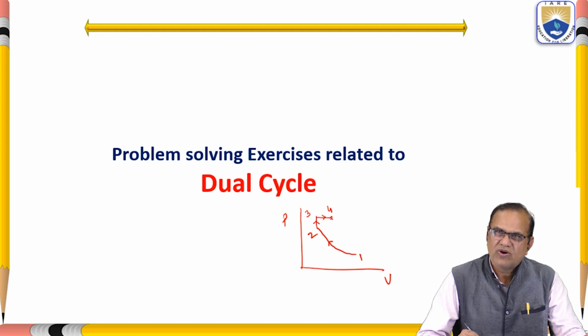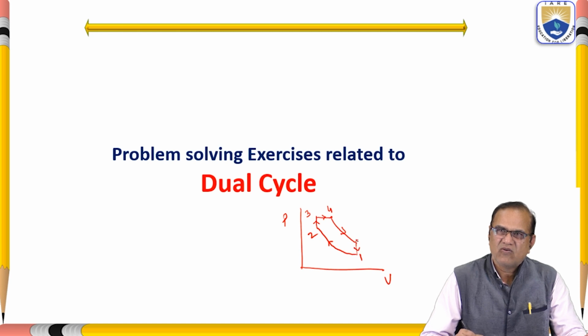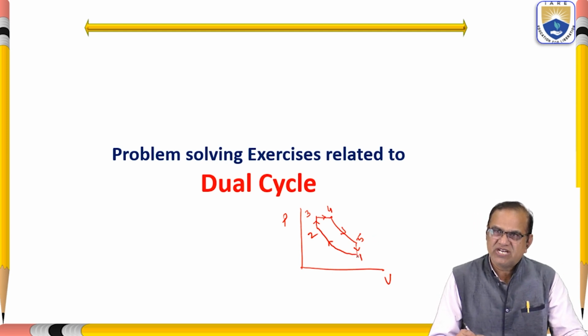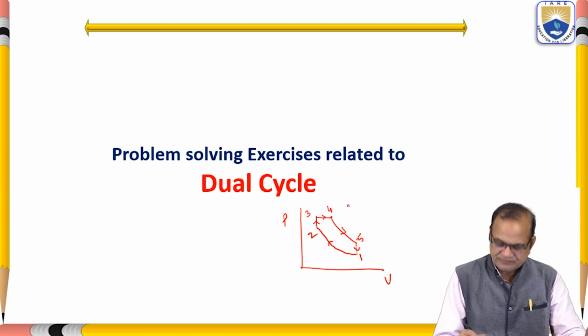4 to 5 is adiabatic or isentropic expansion, and 5 to 1 is constant volume heat rejection. So these are the processes which we have done, and the state points 1, 2, 3, 4 and 5 we have already calculated, and how to find the mathematical expression we have already done.